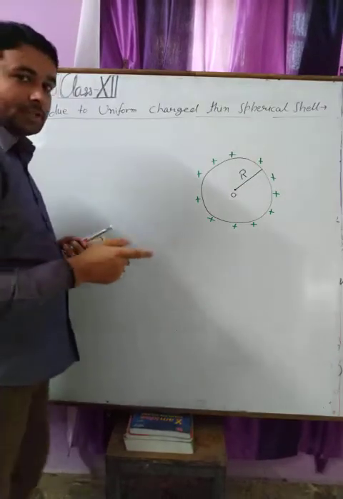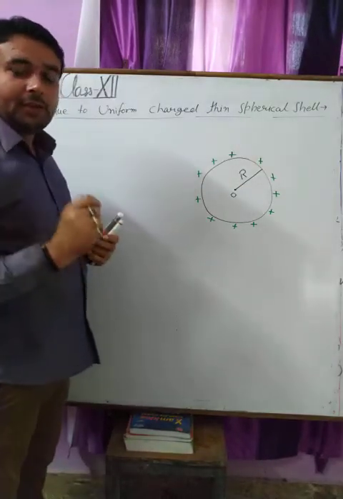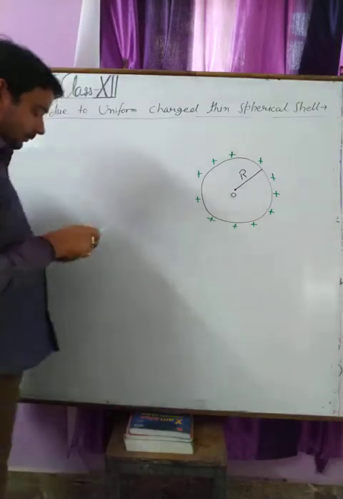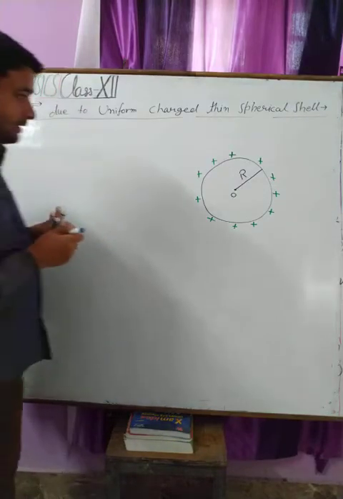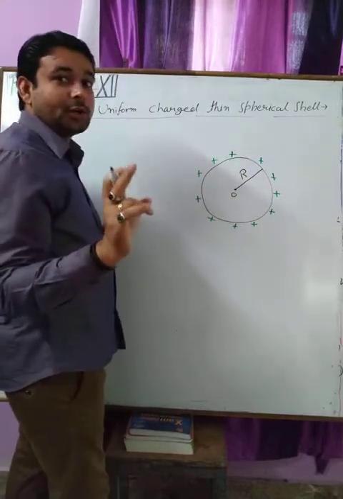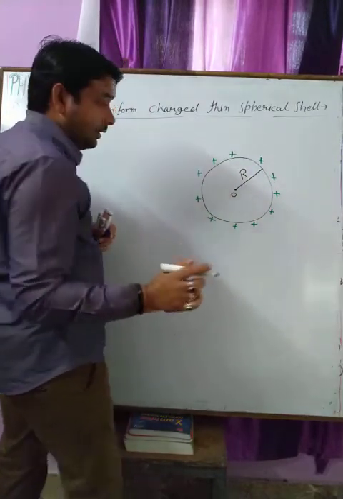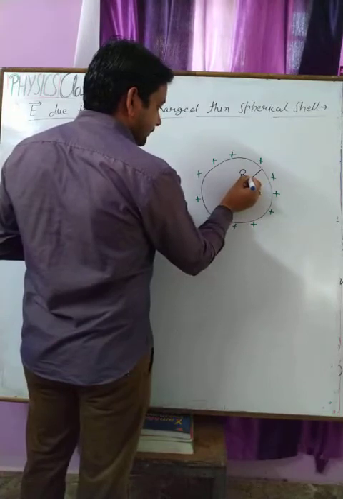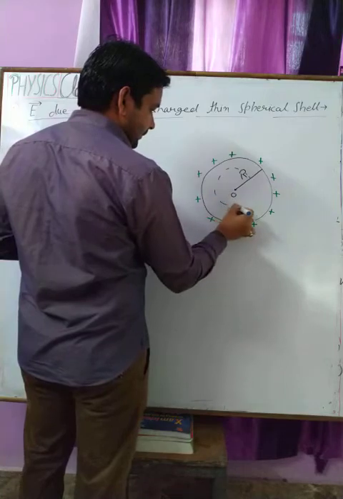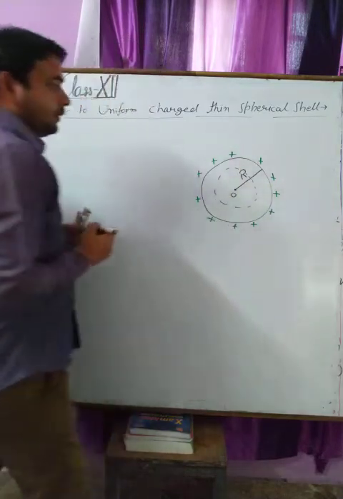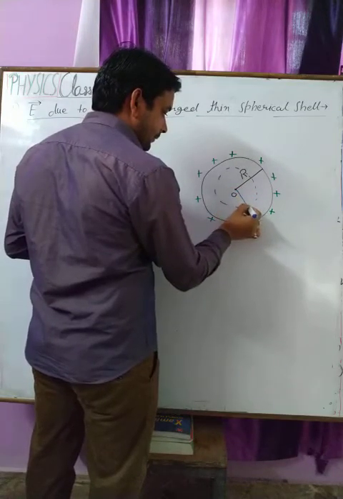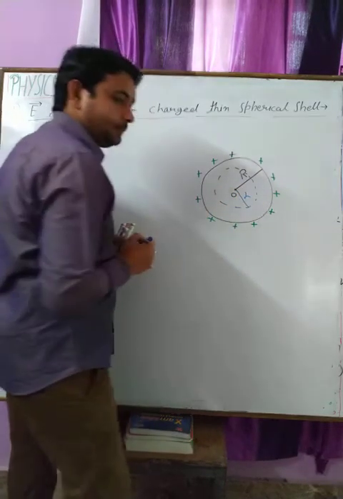On the basis of this spherical shell, we can calculate the electric field at three points. When the point P, where we need to determine the electric field, is inside the surface, having the distance from the center as small r.